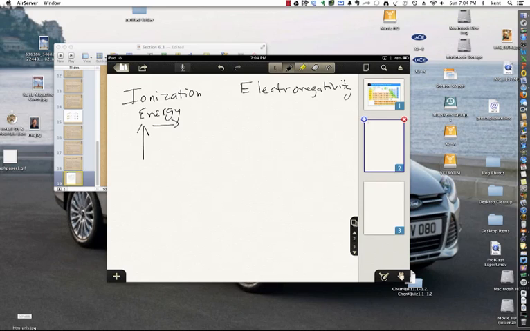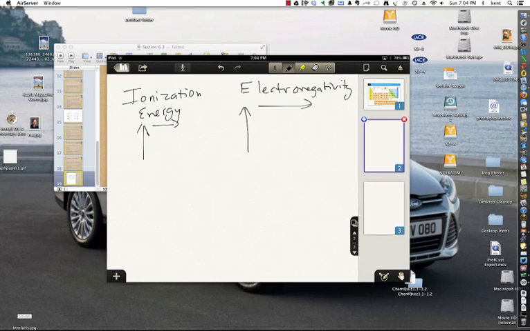Electronegativity is how much they are attracted to each other. How much do they want an electron? Electronegativity increases as you go up and to the right. So those two go up and to the right.